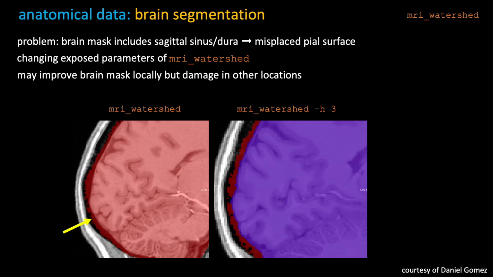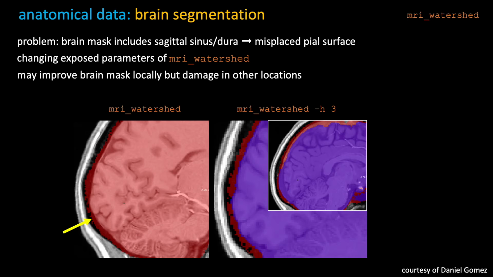So we can see that it improved on the back of the head, but if we look at the entire brain, there are places where the brain is now quite significantly eaten. So the bottom line is we can fix it for one location, but we may not be able to fix it for the whole brain, and that may actually throw off the surface placement altogether once you pass this brain mask to FreeSurfer, to recon-all, and you actually ask it to place surfaces for you.